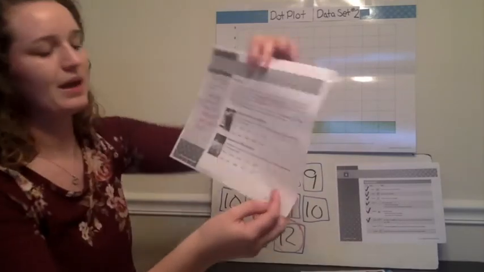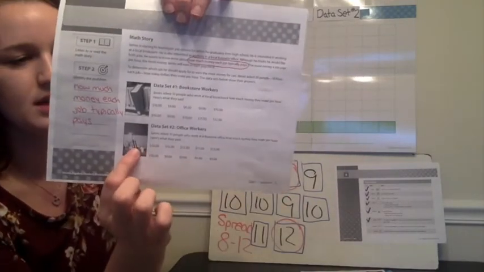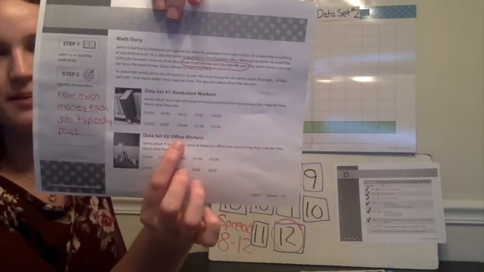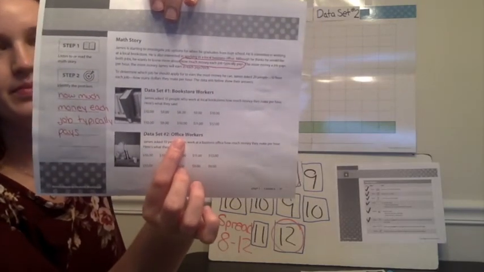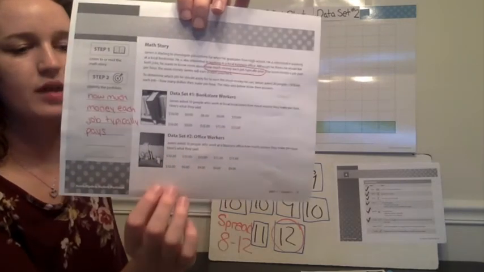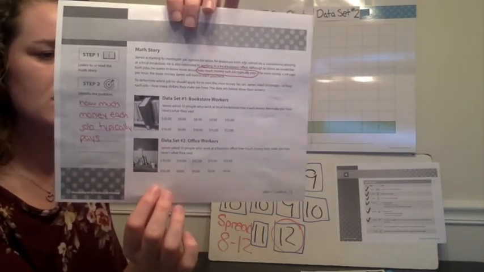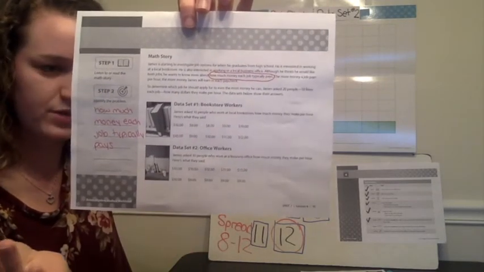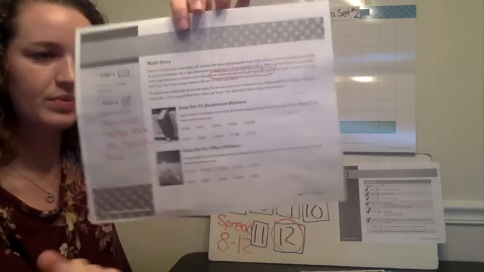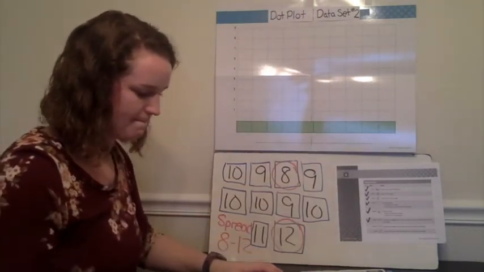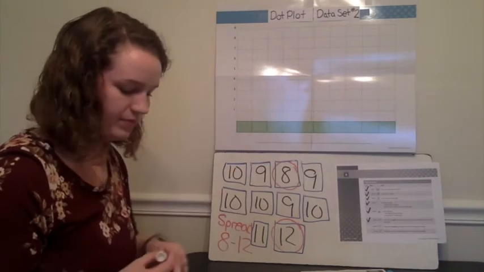So if we look back at our data set right here, data set number 2, what does it say right next to the data set? It says office workers. Okay, so this is the dollars per hour for the office workers instead. So we're going to write that same thing right here at the bottom.